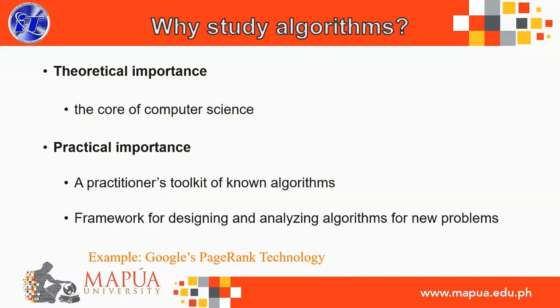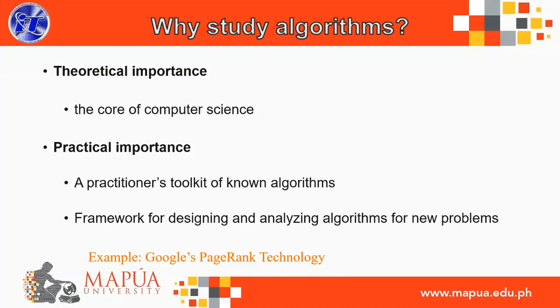So why study algorithms? Definitely as CS, this is one of our core courses. We want to determine what algorithm can be used in a certain problem, what are the good algorithms, what is the best algorithm to be implemented in a certain scenario.